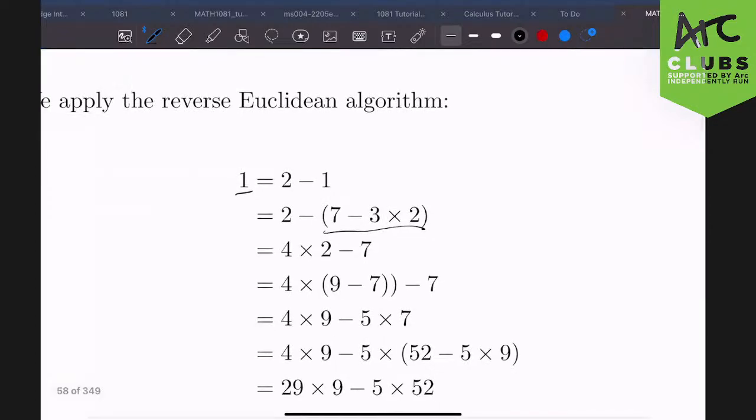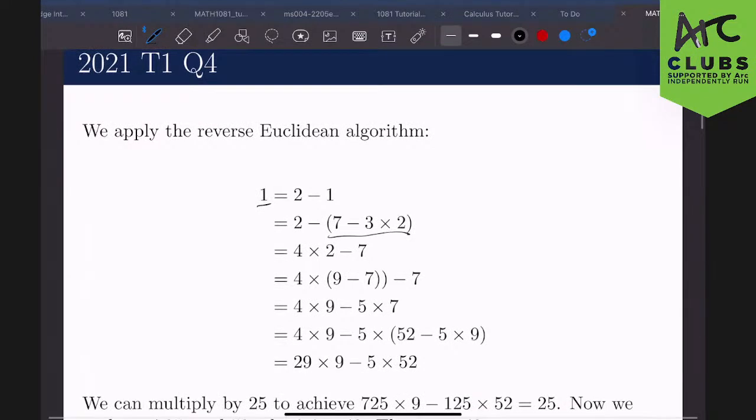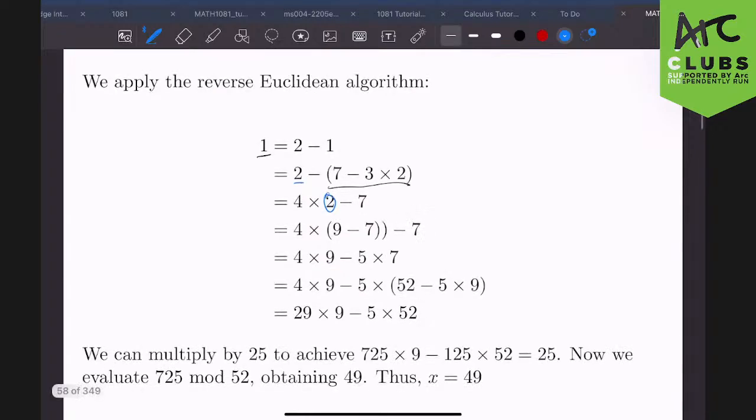We're just repeating this process by, once again, substituting in for the smaller number. And if you substitute in for the smaller number each time, then eventually you'll get the bigger numbers. We repeat this until we get to the final line, which is the form that we want.